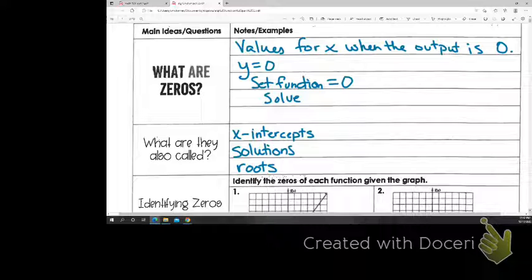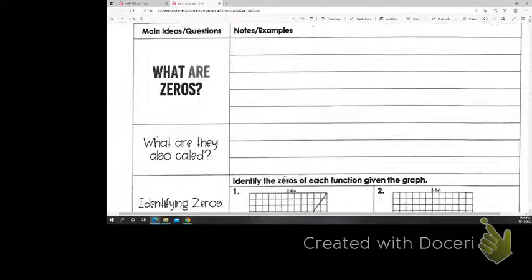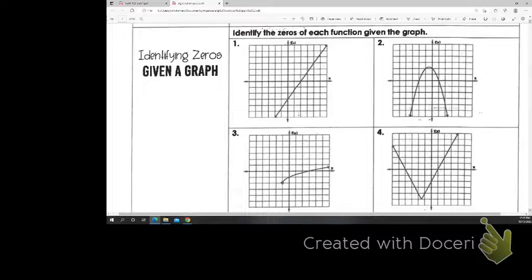So just to keep in mind, as we talked about yesterday, that f of x, that function notation for output, means the same thing as if we wrote a y. So we do not need to write down the equation or figure out the equation. We're just going to identify the zeros given the graph.